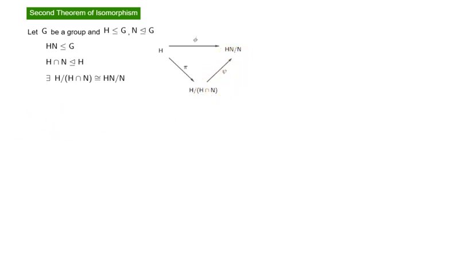Now, if we compare it with our first theorem, there we were talking of an isomorphism between a quotient group G by kernel of phi and the image of phi, which was a subset of H. So here, what all do we have to prove to address this second theorem of isomorphism?